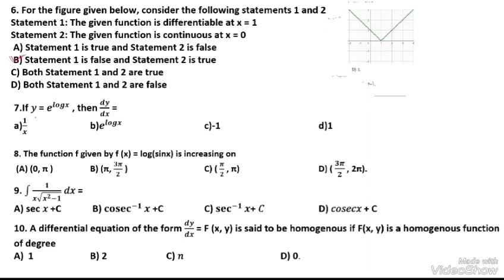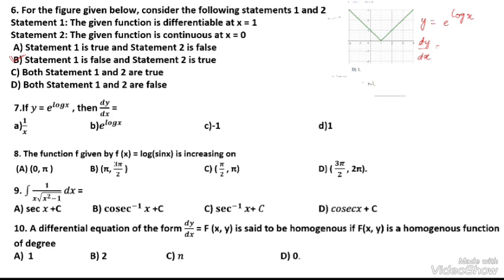Question number 7. Differentiate. If y is equals to e to the power log x, then we have to find dy by dx. I will take y is equals to e to the power log x. Now differentiate with respect to x. Then dy by dx. We already know the property: differentiation of e to the power x is always e to the power x.